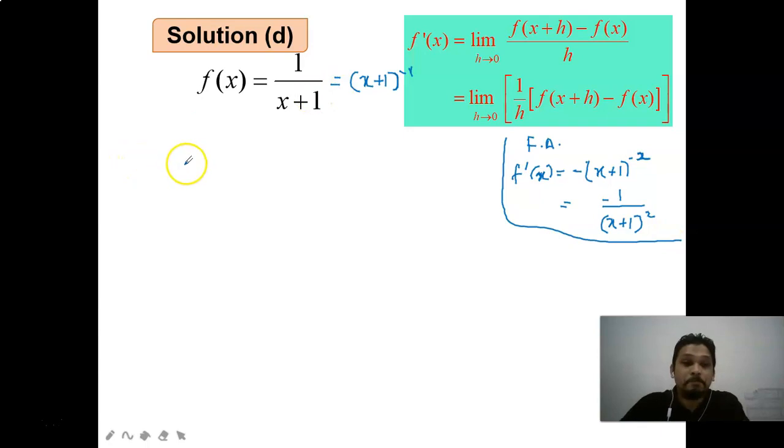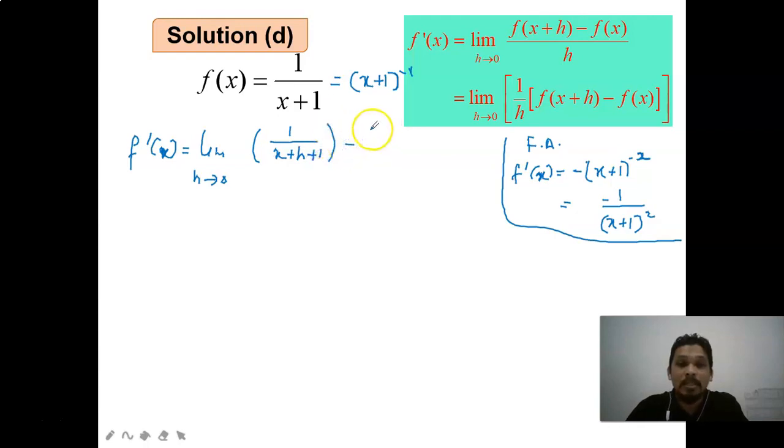Now, f prime x equals the limit again, h approaching 0, of 1 divided by x plus h plus 1, minus f x, which is 1 divided by x plus 1, and everything divided by h.